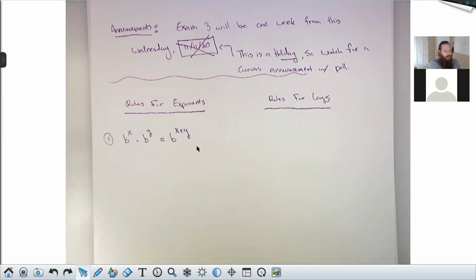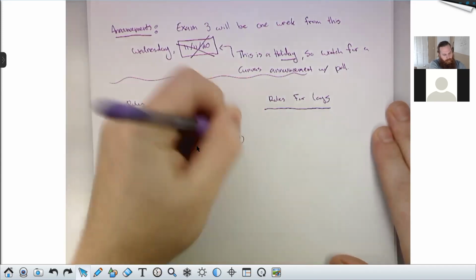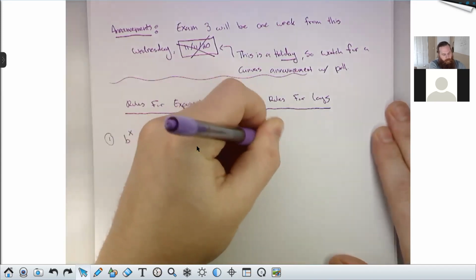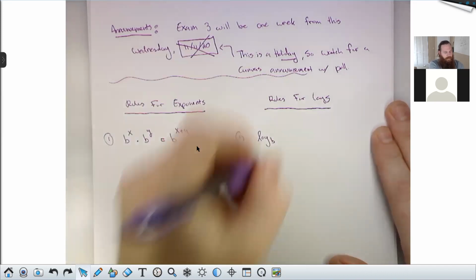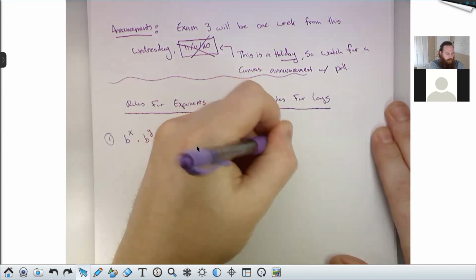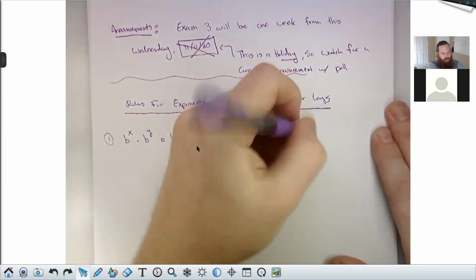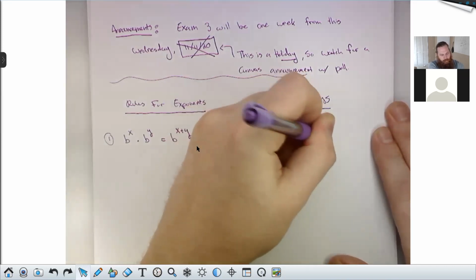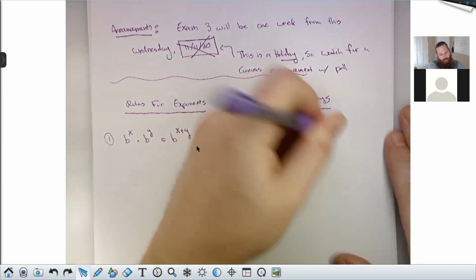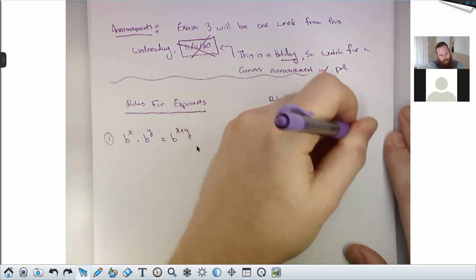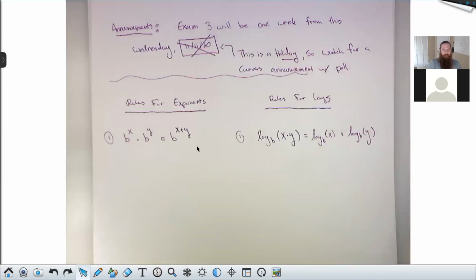The corresponding rule for logarithms is that if you have a log of any base, base b, with a product inside, that's the same as the sum of the logarithms like this. And you can read this left to right or right to left. You can say, I'm going to take a log with a product inside, and I'm going to expand that as a sum of 2 logs.